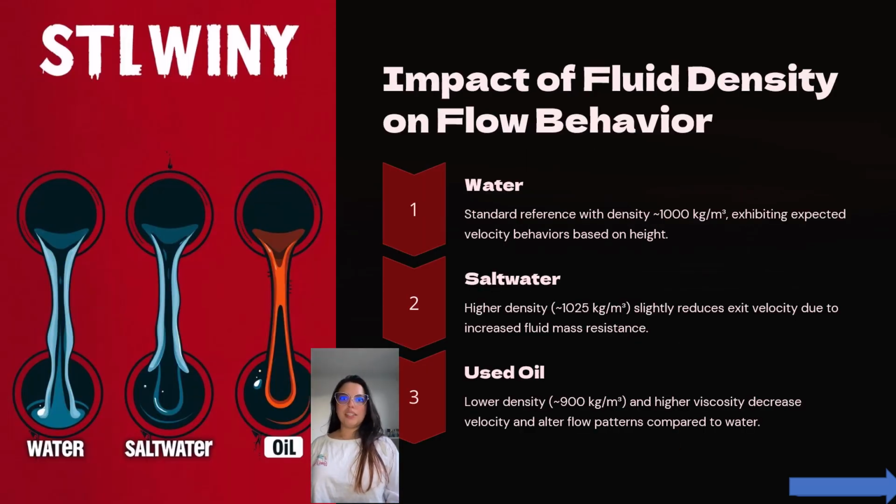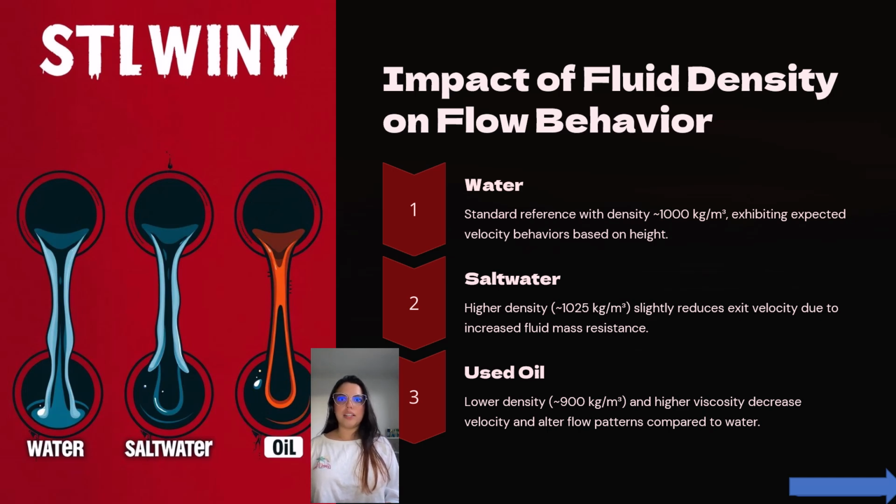Impact of fluid density on flow behavior. This section explains how the density of the fluid affects the flow. Water, with a density of about 1,000 kilograms per cubic meter, behaves normally.